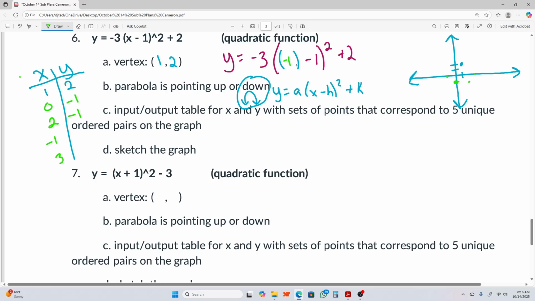Negative 2 squared is positive 4. Now you take that positive 4 times negative 3. That's negative 12. Negative 12 plus 2 is negative 10. So, counting down 10, say it's down here. It would be over a little bit.